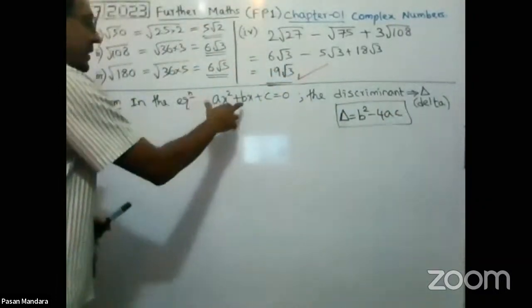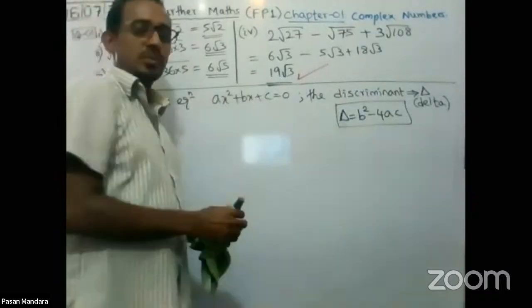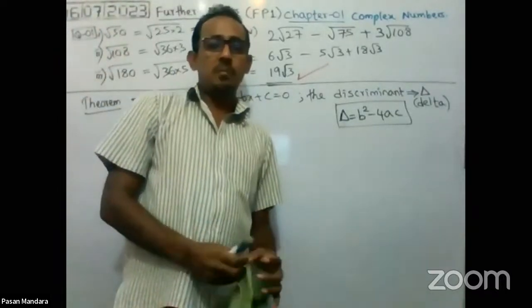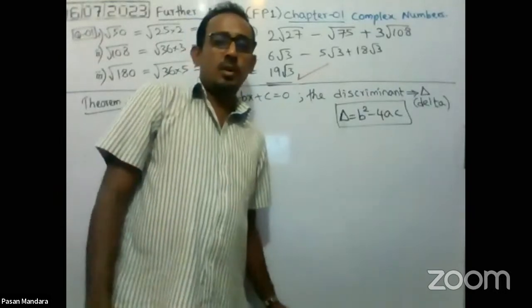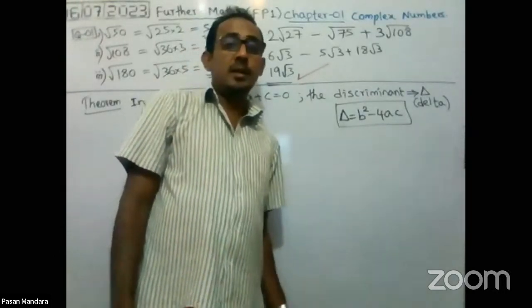B is the coefficient of x. A and C are these two. So then there's a theorem: if delta is greater than 0, roots are real and distinct.